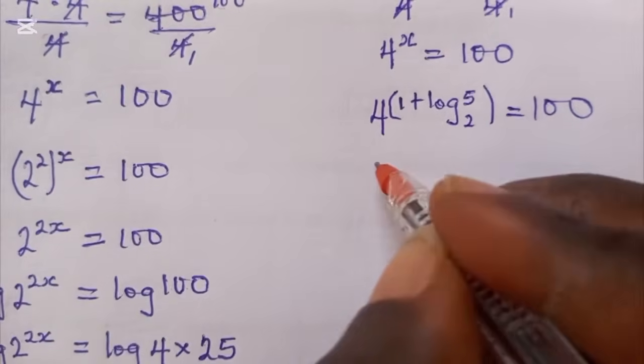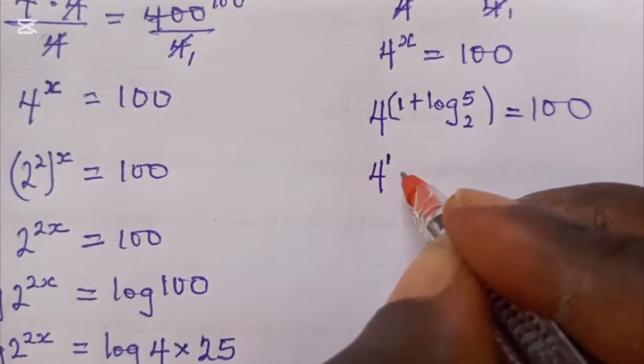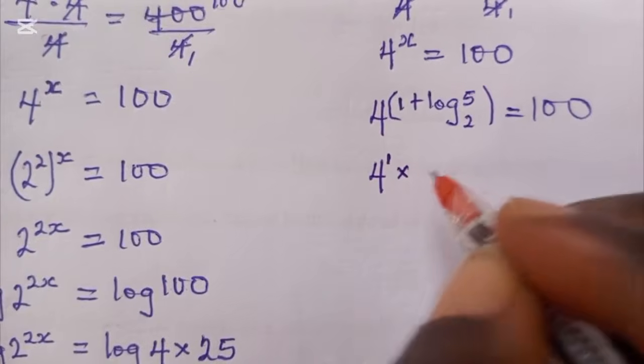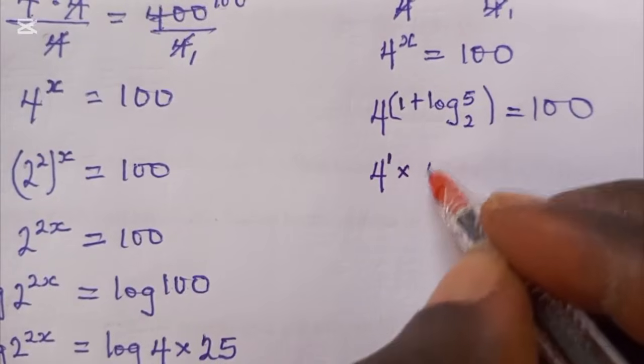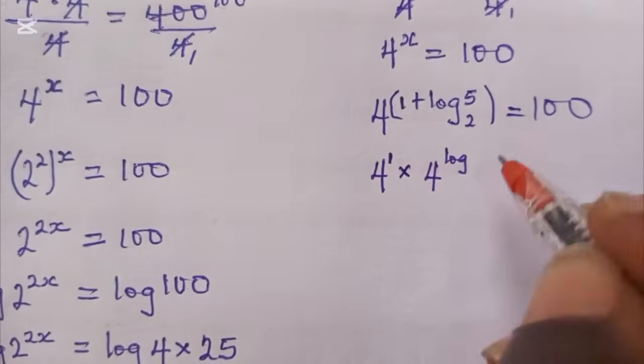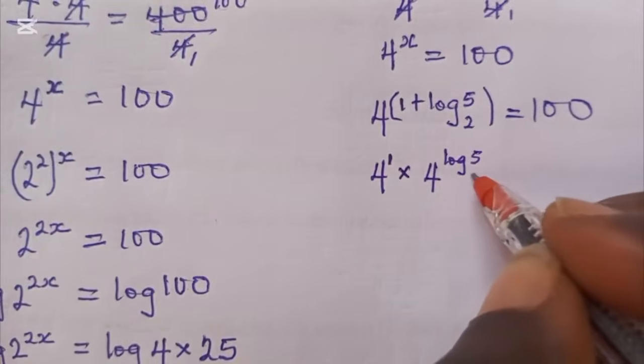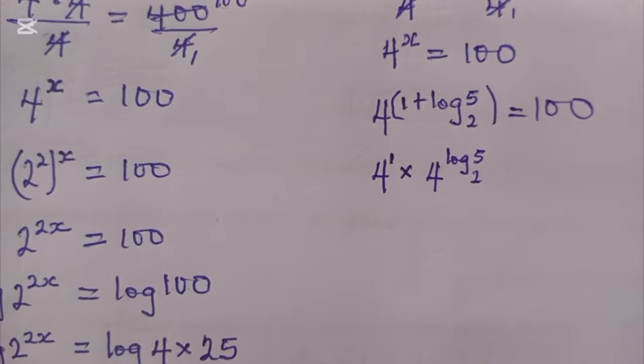So first, we have 4 raised to the power of 1 times 4 raised to the power of log 5 base 2 equals 100.